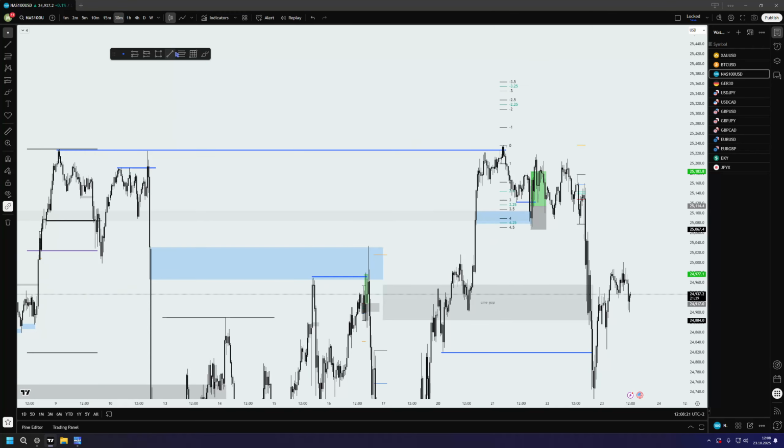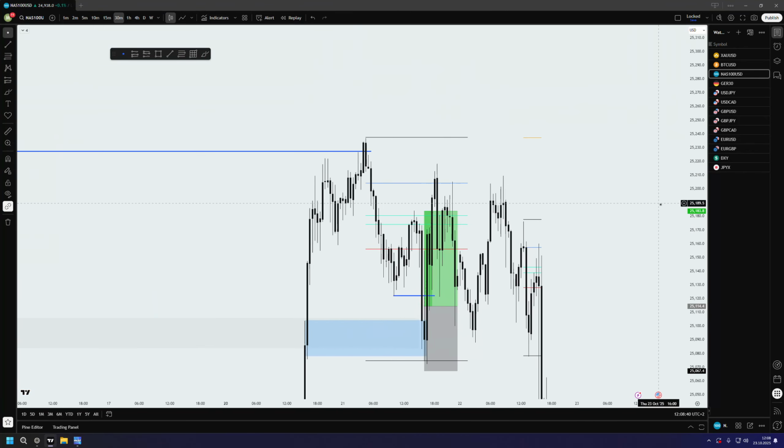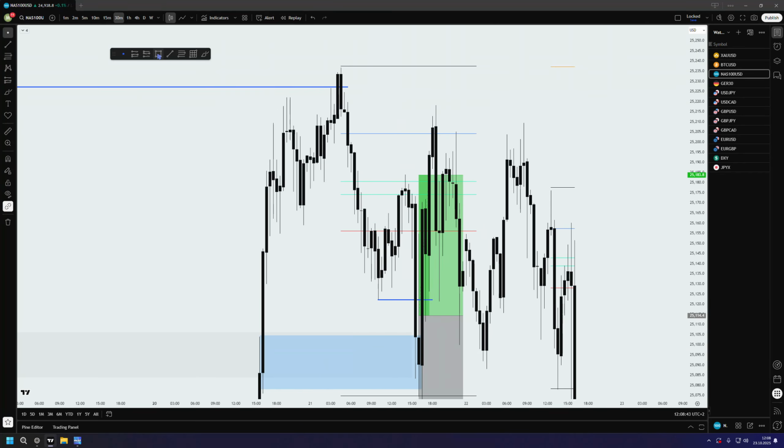So we sweep these highs. Now we measure it like this, or actually not like this. Let me delete this because the pivot low is here. In this case, we came back to the 80%, but we had this EG right here.